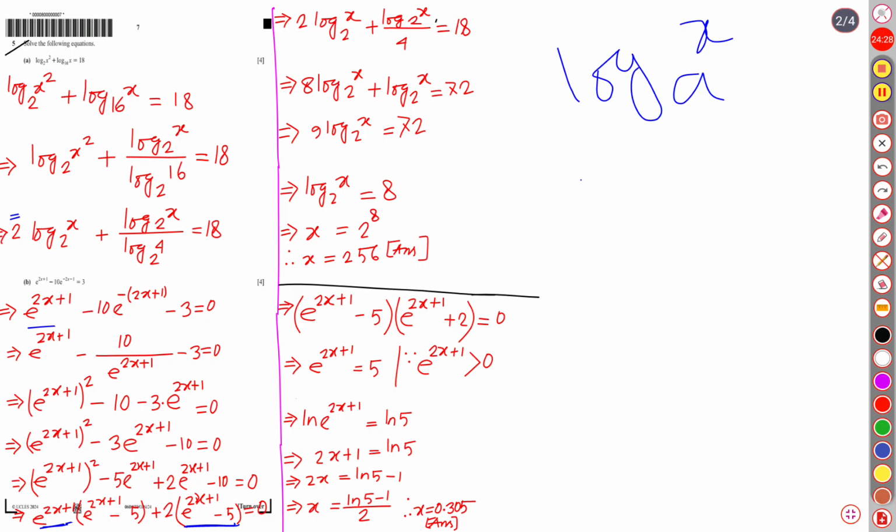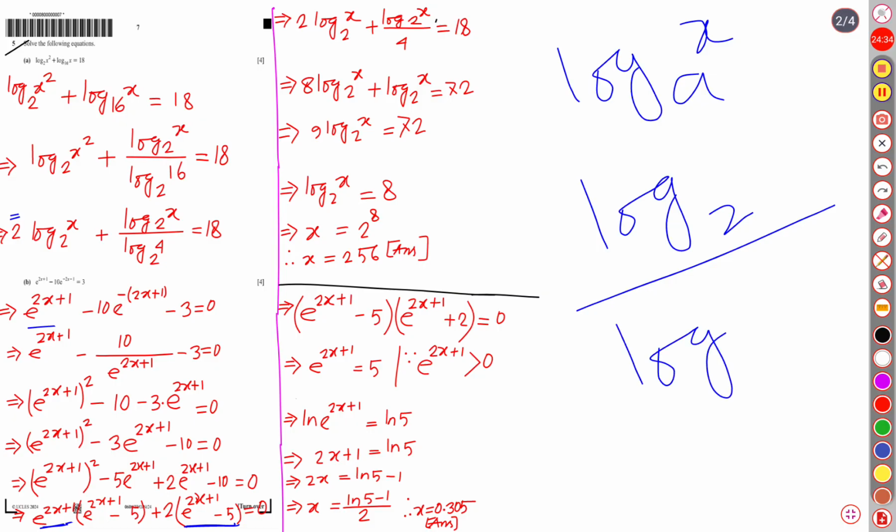We can convert it into a different base. Suppose it is 2, then the same base will be in the numerator as well as the denominator, because we require this base. The first argument will be on top, in the numerator, and the base will be the argument of the denominator. This is how we converted. This is one concept we have learned from the first question.